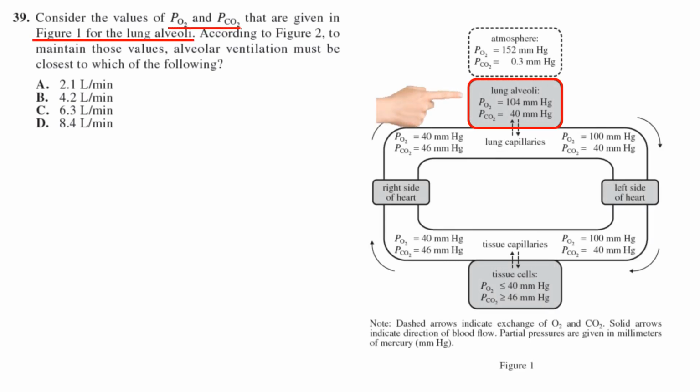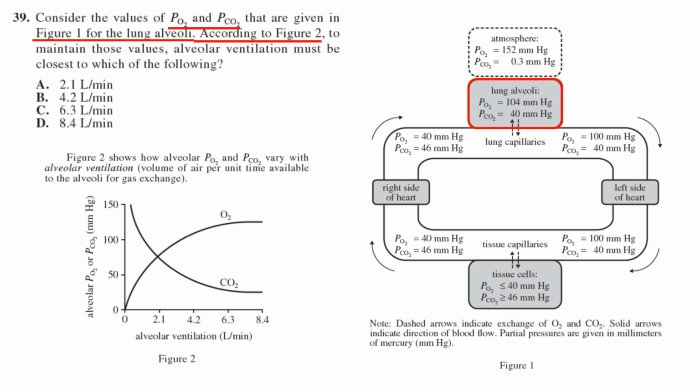Number 39. Consider the values of the pressure of O2 and CO2 that are given in figure 1 for the lung alveolus. So we're in a particular spot. We're also using figure 2, so we got to use both. To maintain the values, alveolar ventilation must be closest to which of the following. So let's break it down.